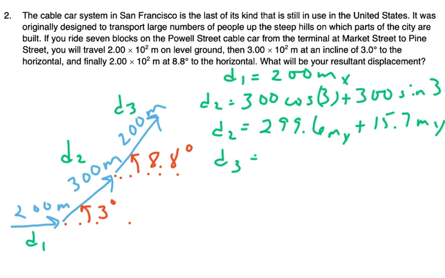So we're going to end up with 200 cos 8.8 plus 200 sine 8.8. I really need to find my good stylus. 8.8.